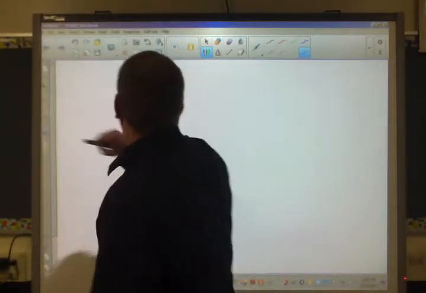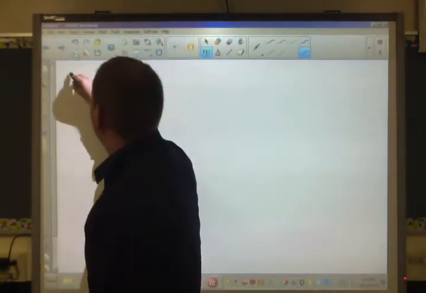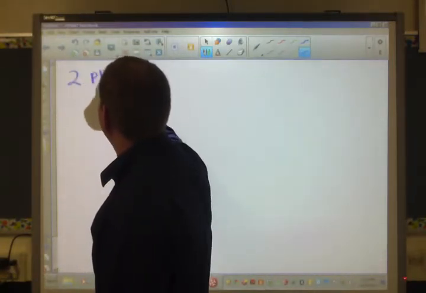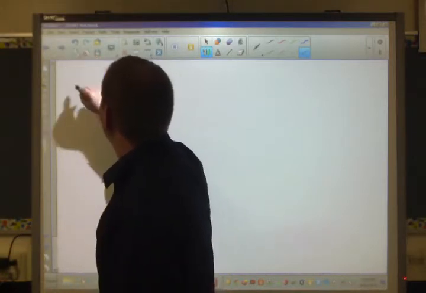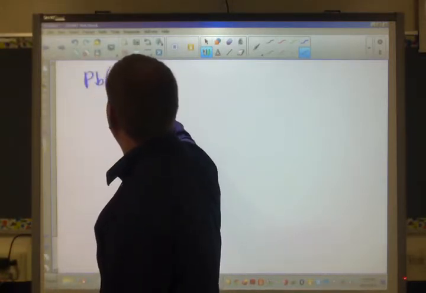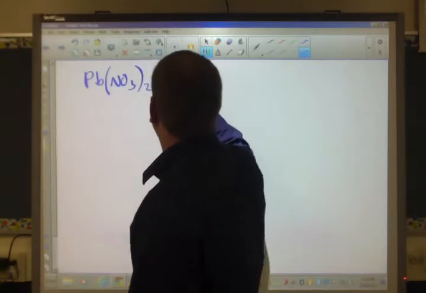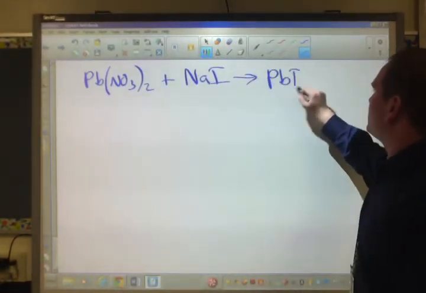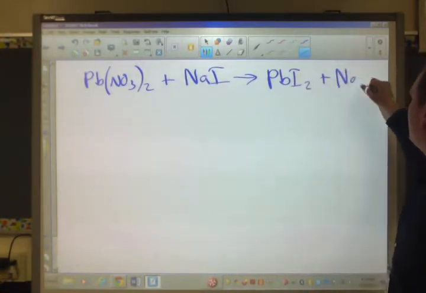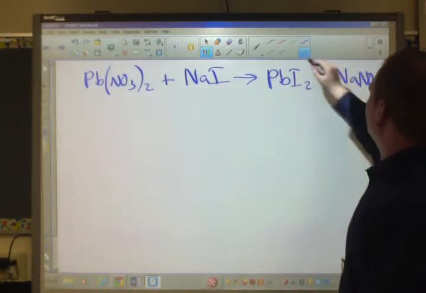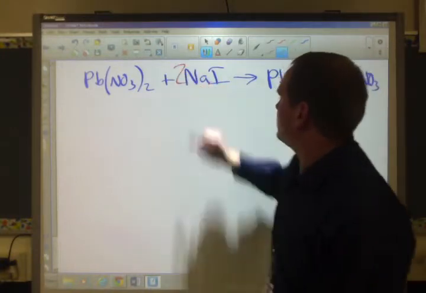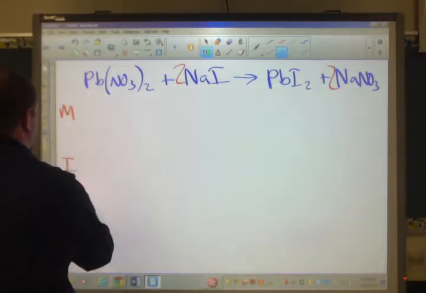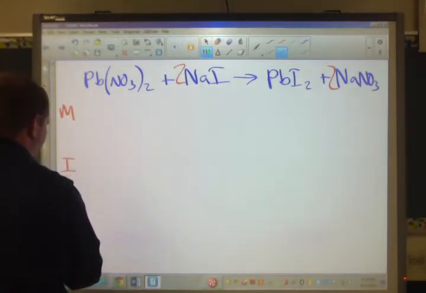So I'm going to rewrite my formula. Pb(NO3)2 plus NaI yields PbI2 plus NaNO3. So Mica stands for mole ratio, initial, change, and after.